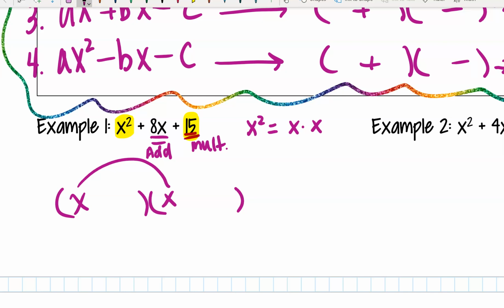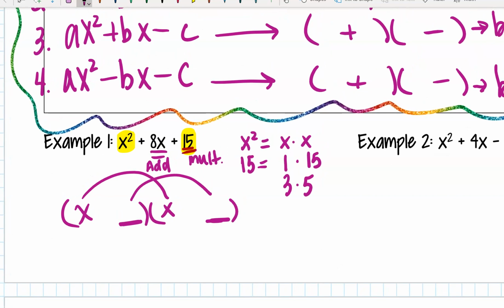Then I want to look at what I need to put here in my binomial. My last term, what times what gives me 15? There are 2 things. You have 1 and 15, and you have 3 and 5. This is where our signs come into play. The signs of the trinomial will help you figure out what factors to use.